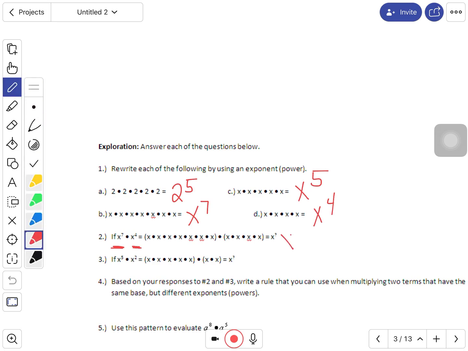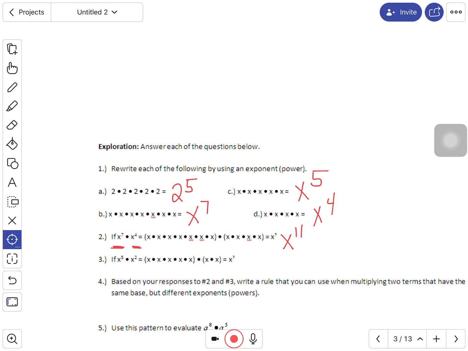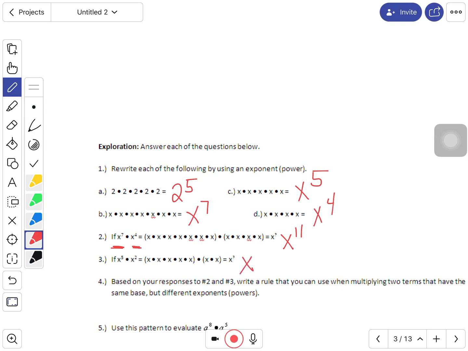So the product of those two things is actually x to the 11th power. Let's try it again with x to the 5th times x squared. So you have 1, 2, 3, 4, 5, 6, 7. So you actually have x to the 7th power as the product of x to the 5th and x squared.